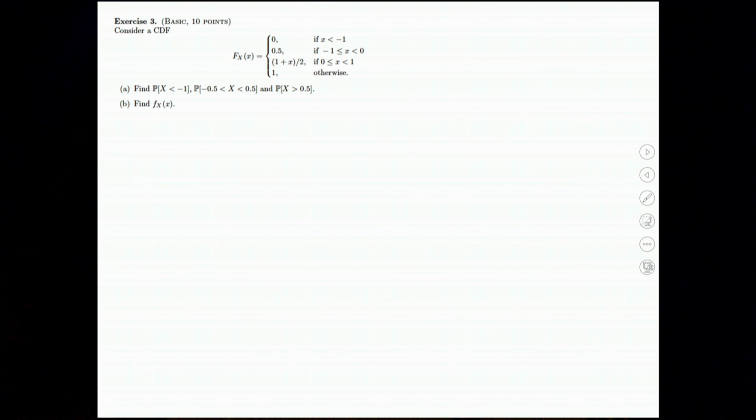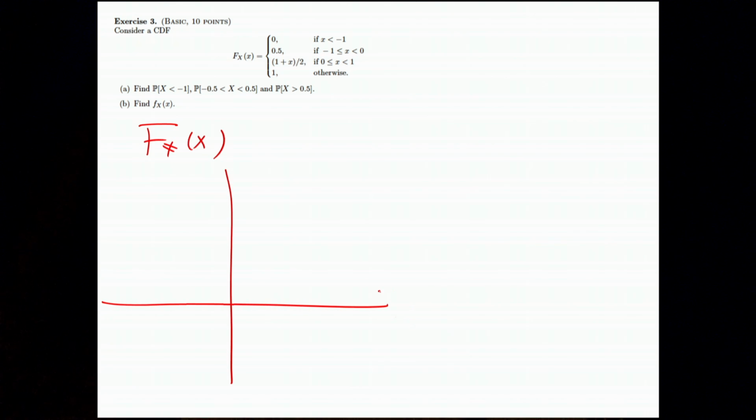So let's see the CDF figure first. Here is minus 1, 0, and 1. Before minus 1 is 0. And from minus 1 to 0 is 0.5. Suppose here is 0.5.